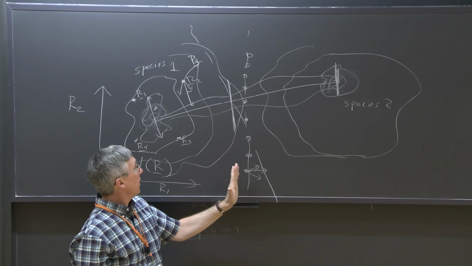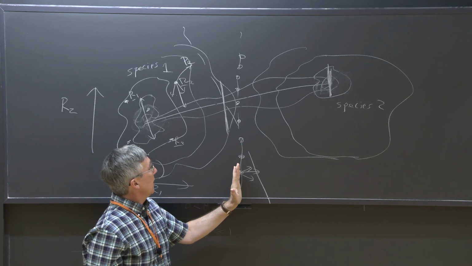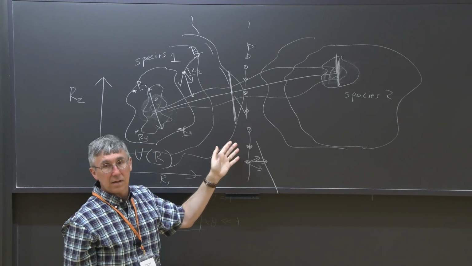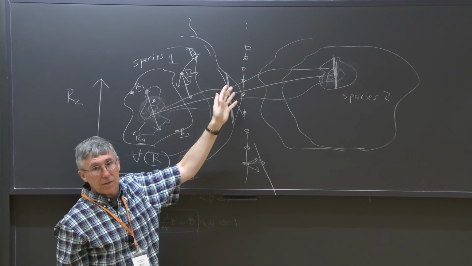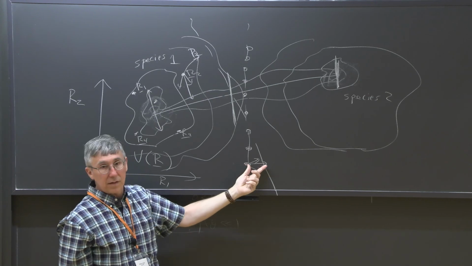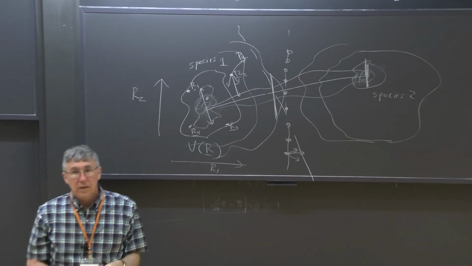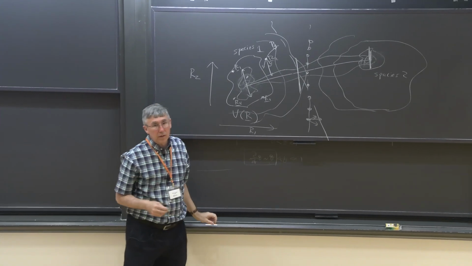And then I can add up all of the P's that lead from species 1 to species 2. And this is like taking the instantaneous camera picture. I'm seeing all these points that are crossing the boundary surface, and I'm also measuring their velocity. And each one I'm weighting by its Boltzmann factor. And if I add them all up together, that's the correct weighted sum to give the rate coefficient.